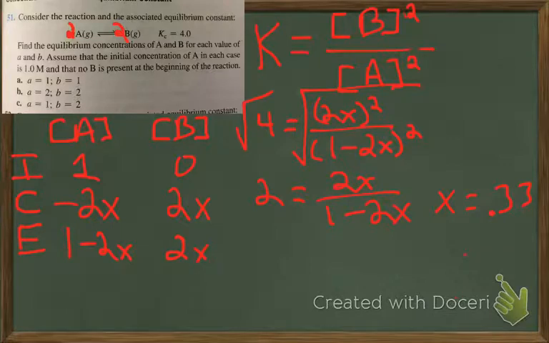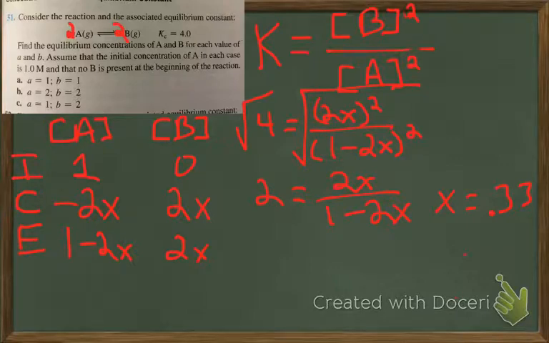I don't get where you're getting the numbers in the ICE table. So this is my initial, and I'm getting that from up here. The initial concentration of A is 1, and no B is present. So that's where my I is coming from. Then my C is my change. Between my initial condition and my equilibrium condition, some of my reactants are going to become products. How much? I don't know.